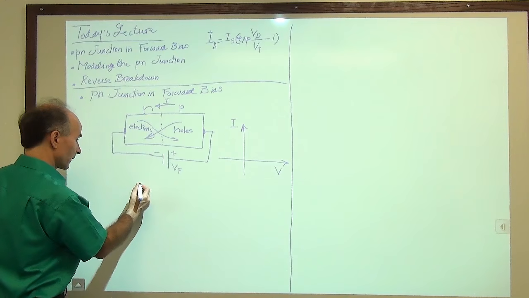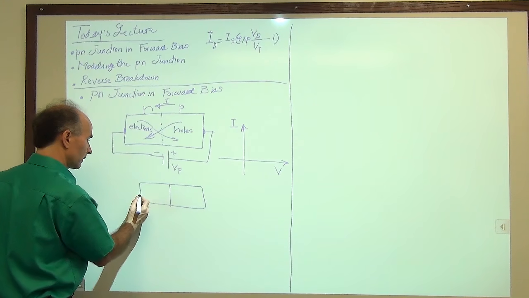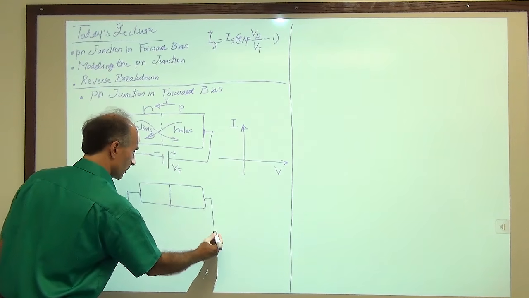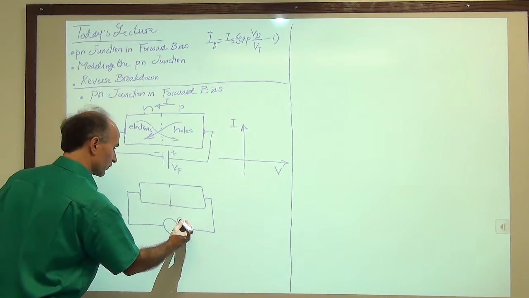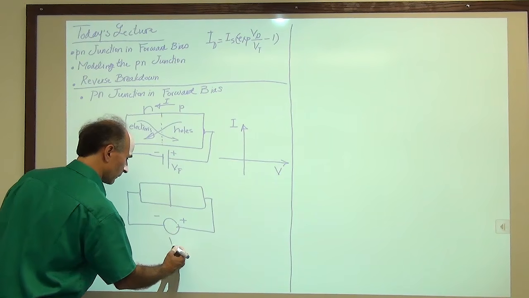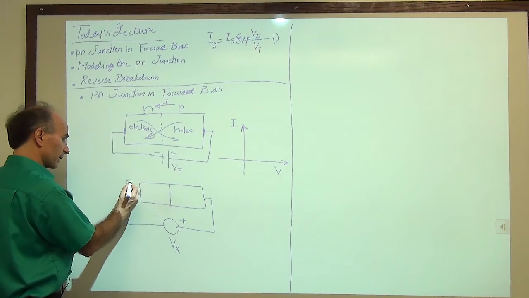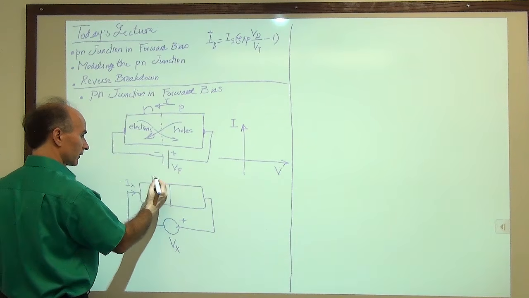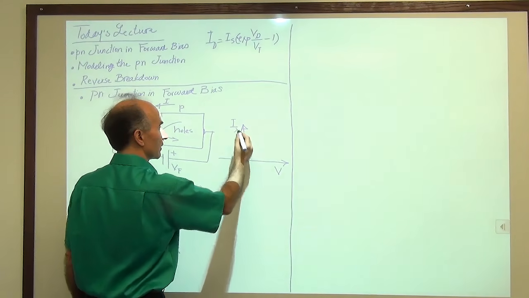Maybe I should actually do it this way to make it very clear without any confusion. So let's take a variable voltage. If you remember an example like this two lectures ago, we take a variable voltage like this and we call it Vx, and then we measure this current Ix. And this is connected to N and P. So let's call this Ix and let's call this Vx.